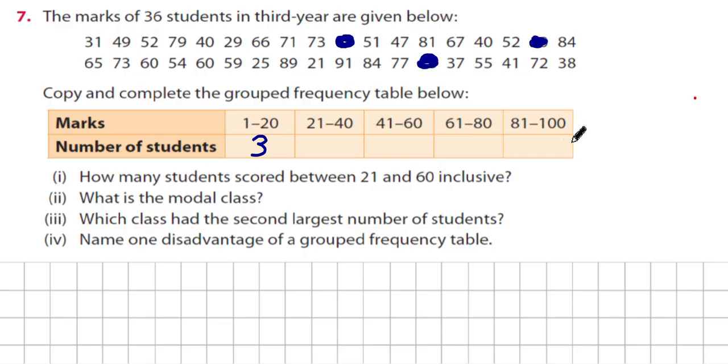Now, I'm gonna change colour. Now we're gonna go from 21 to 40. 21, 1, 40, 3, 29, 4, 5. Where's 37? 6.